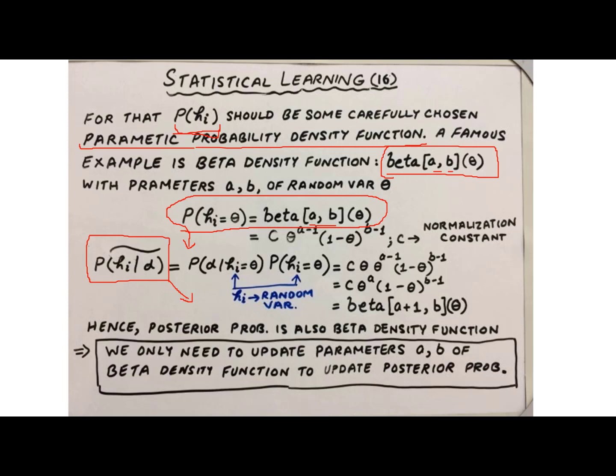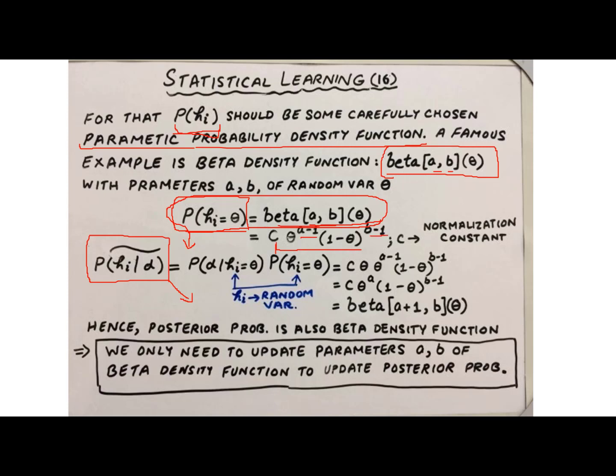So assuming that the prior has a beta probability density function of this form, it is given by a constant times theta to the power a minus 1 and 1 minus theta to the power b minus 1.